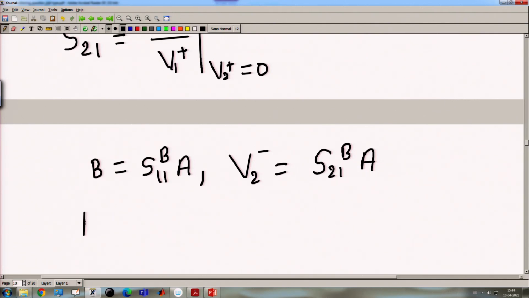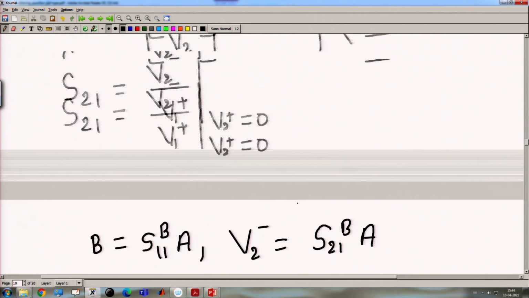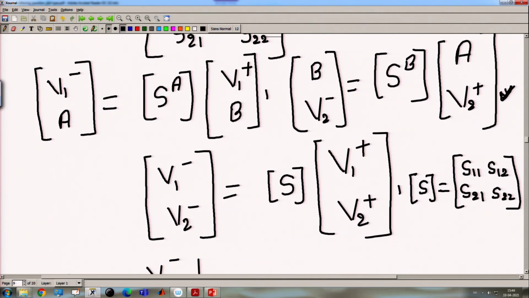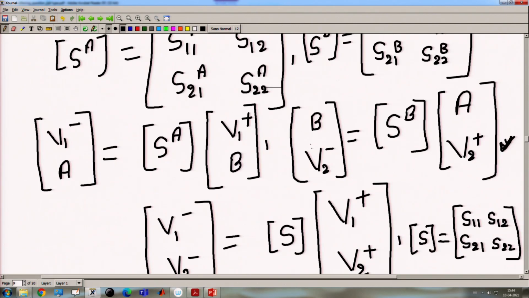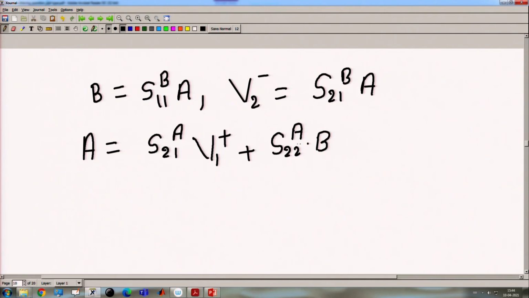And A will be equal to S21A into V1 plus plus S22A into B. This is coming from the first equation, where A can be written like this.